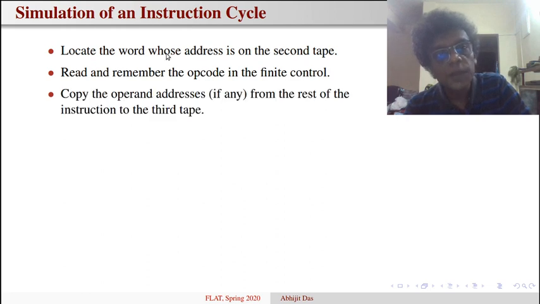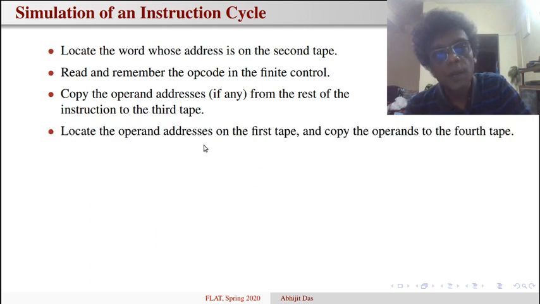So copy the operand addresses, if needed of course, from the rest of the instruction to the third step. And then you bring the actual values of the operands one by one from the memory by scanning the entire memory. Look at the operand addresses of the third step and copy the operands to the fourth step. So now everything is ready. Fetch and decode are done.